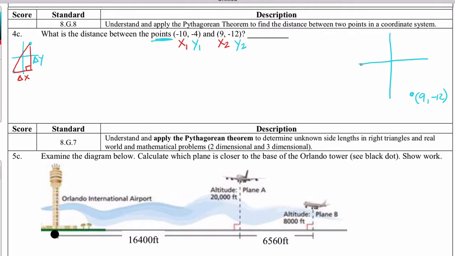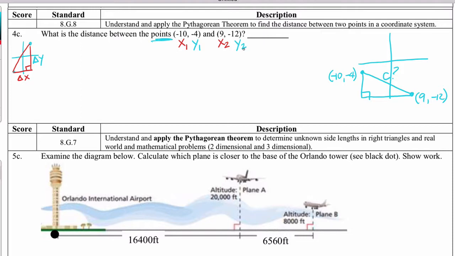I'm not being exact, this is very much an estimate of the location of the 2 points that I'm trying to find the distance between. Now if I have a diagonal line here, I can find the change in y and the change in x. That would be my A and my B of my right triangle, and that would help me find my C, which is what I'm looking for, my distance between the points.